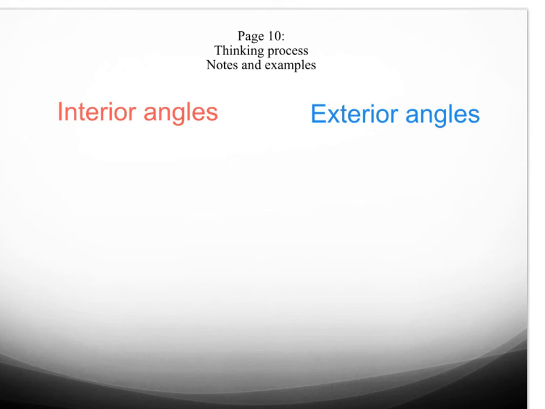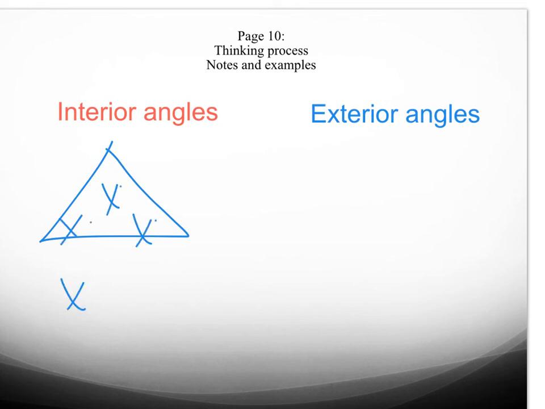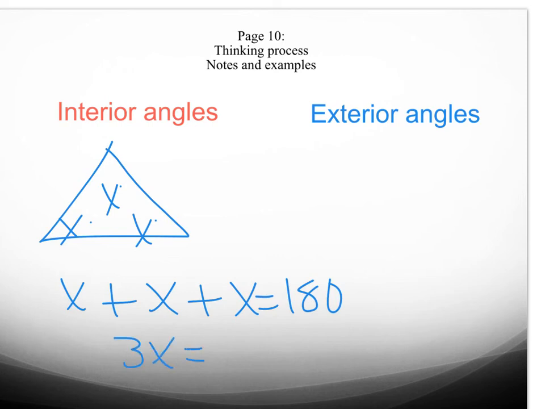If we're working with triangles that have all interior angles, we add up all the angles and set it equal to 180. So 3x is equal to 180 and x is equal to 60. Each one of these angles would definitely be 60 degrees.